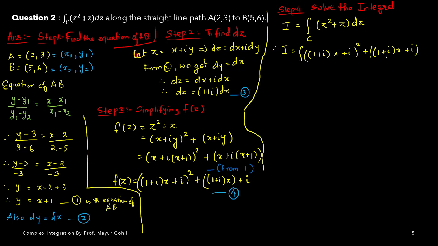Now this entire thing is multiplied with dz, and dz is the value from 3 that we get, (1 plus i) dx.